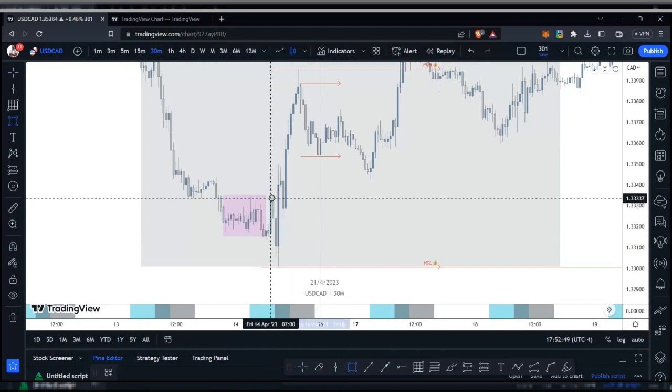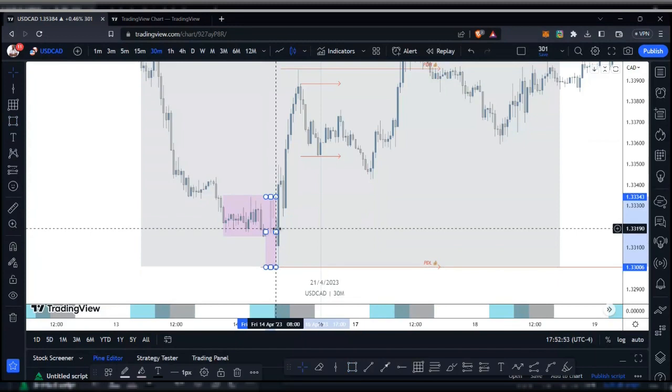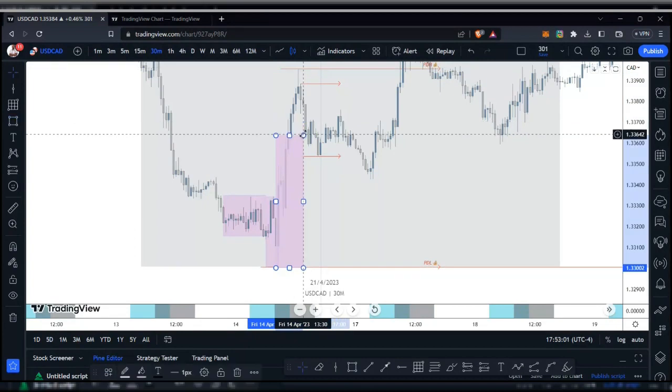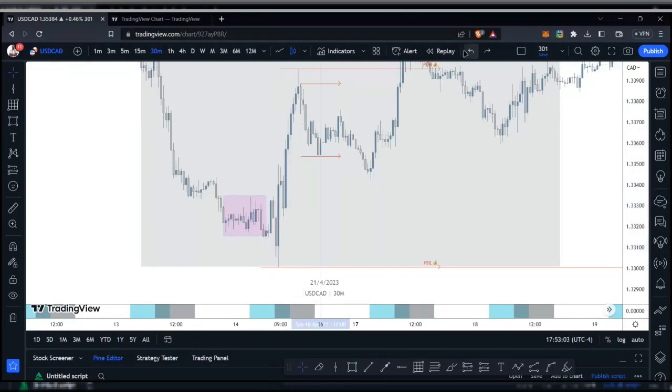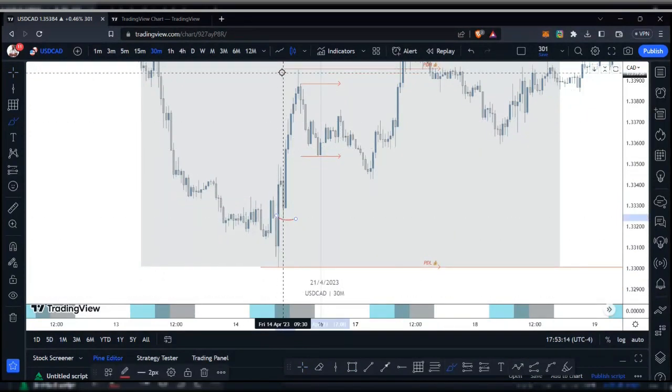That was that manipulation. And that's the distribution all the way. But that's not what I'm trying to show you. They distributed, came back into this range here, and then they created a new range, low and then high.